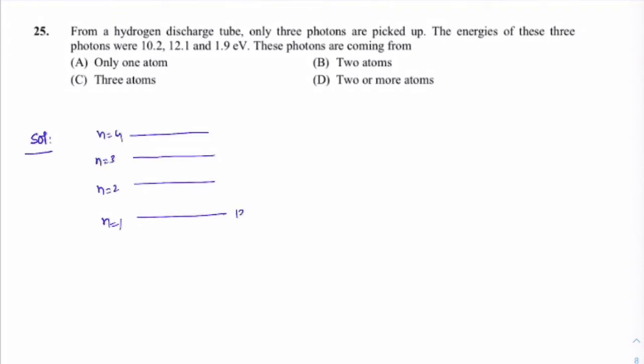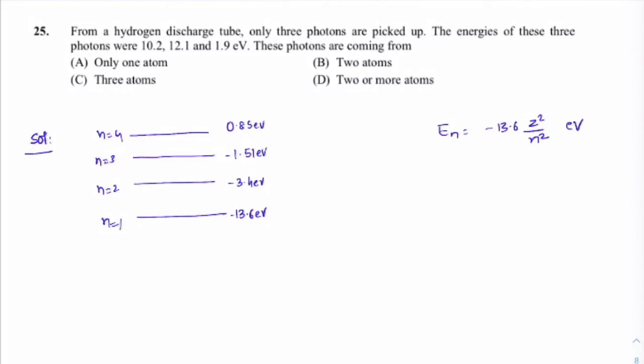Energy in the first orbit is minus 13.6 electron volts, second one is minus 3.4 electron volts, third one is minus 1.1 electron volts, fourth one is minus 0.85 electron volts. If you need to know how I am getting it, En is equal to minus 13.6 z square by n square. This is the energy in electron volts.